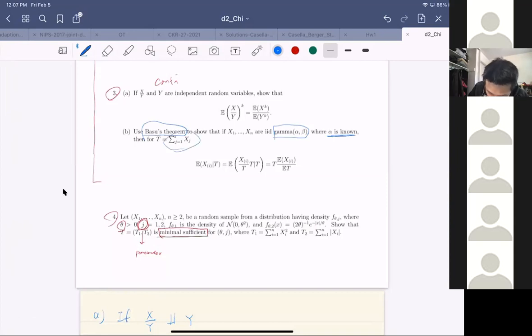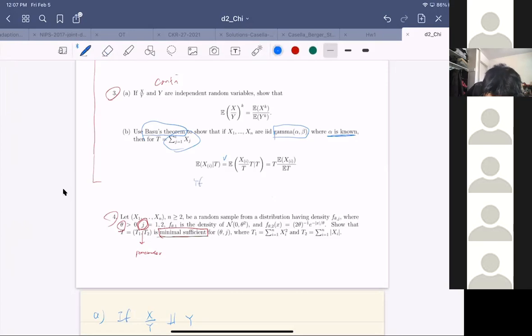This step is trivial, so we just multiply by t and divide by t.